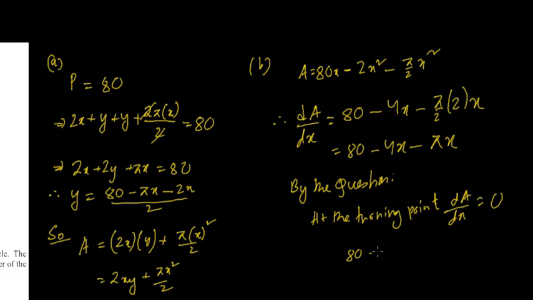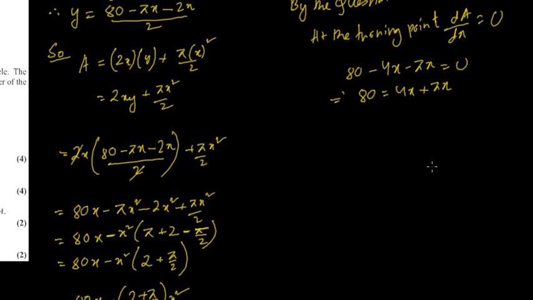So 80 minus 4x minus pi x equals 0. If you write 80 equals 4x plus pi x, then if you take x common, it would be 4 plus pi. Therefore x equals 80 divided by 4 plus pi. That's the value of x. That's what they asked for.